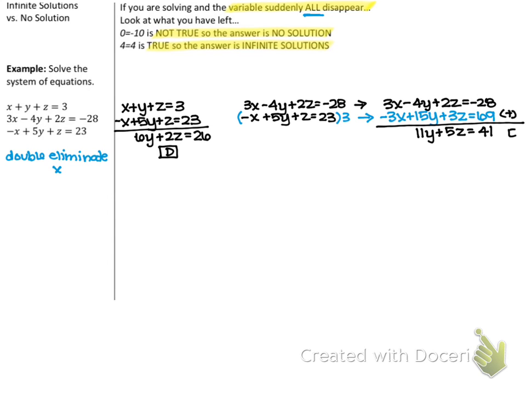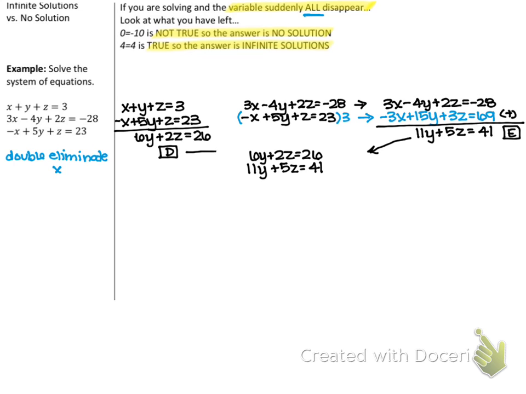This is going to be equation E. So now I'm going to put D and E together, and I'm just going to stack them up next to each other. So let's go ahead and just bring this one over, bring this one over. So I have 6y plus 2z is equal to 26. And then I'll have the other one, which is 11y plus 5z, which is equal to 41.